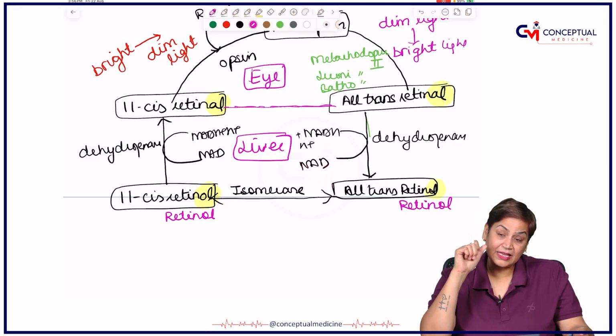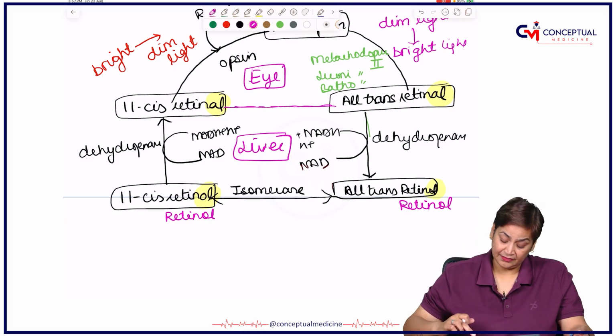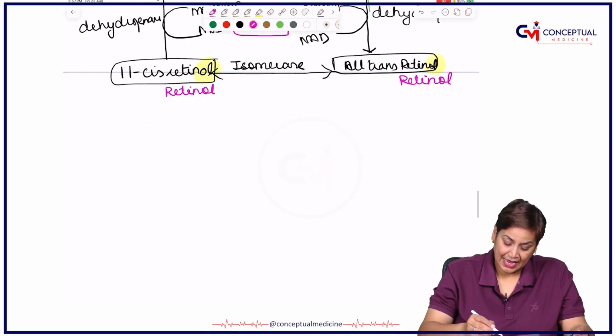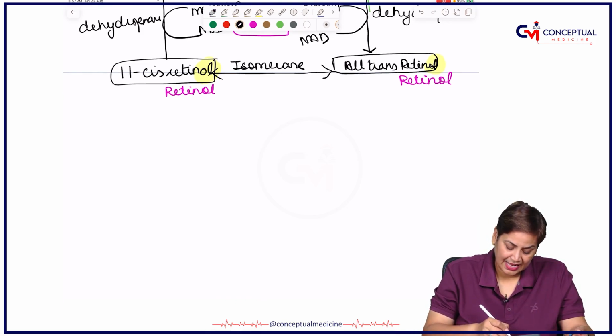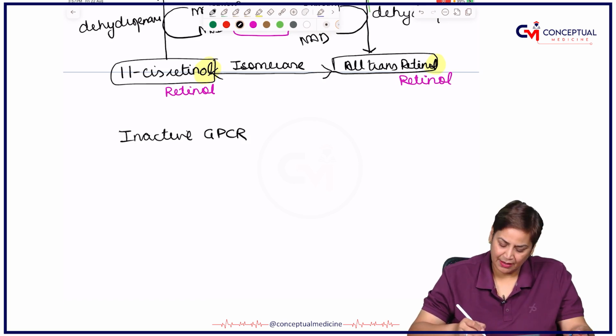Now the question is, I told you there is an involvement of a second messenger also. So which is the second messenger involved here? It is actually GPCR induced. So what happens here is that inactive GPCR, what is GPCR? It is simply G protein coupled receptor.